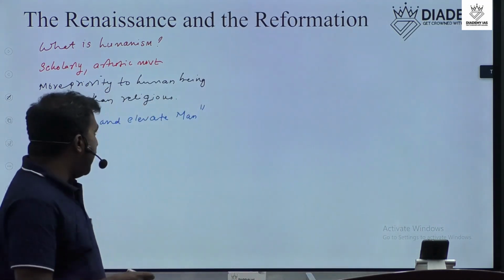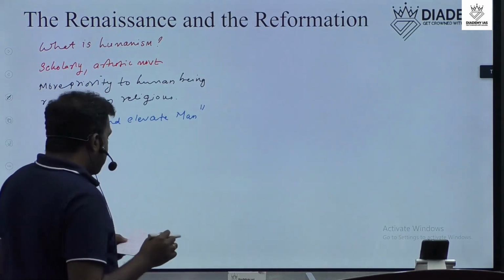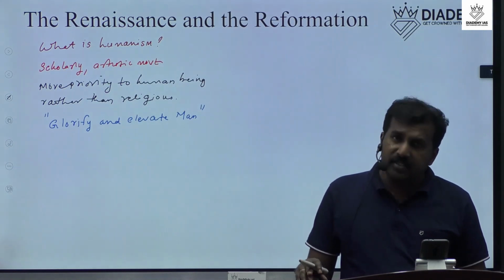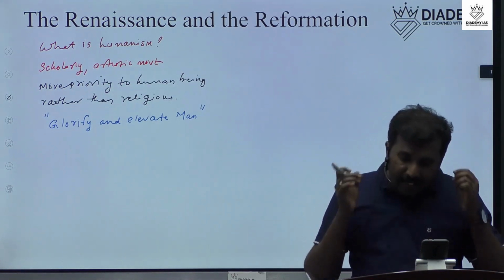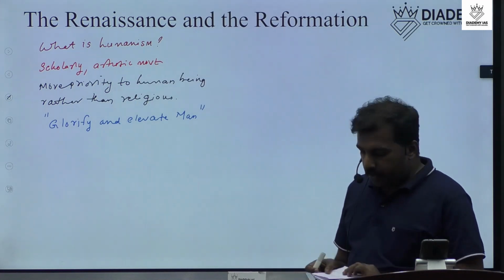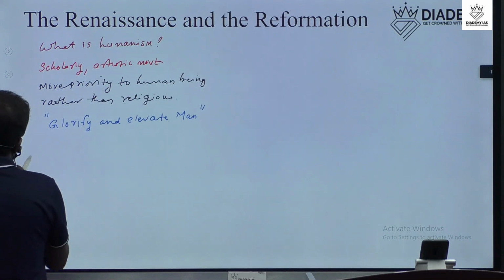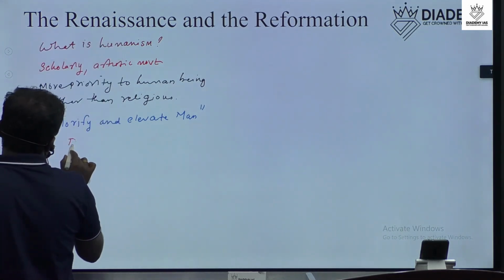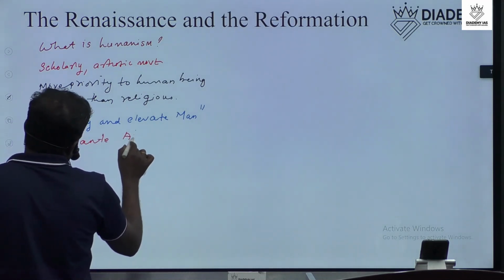Okay, and next we can discuss the important authors, important writers in humanism. The important writers in humanism are, first, Dante Alighieri.